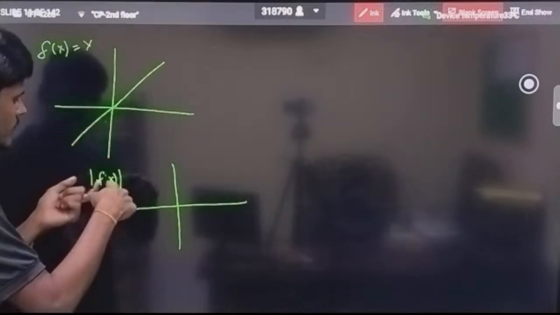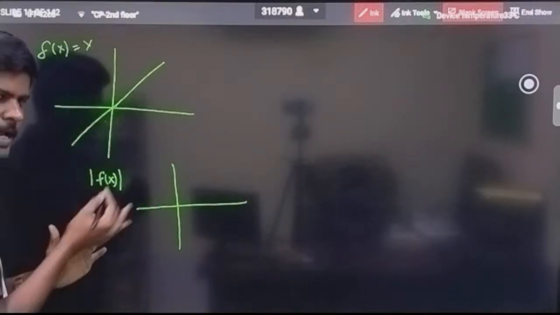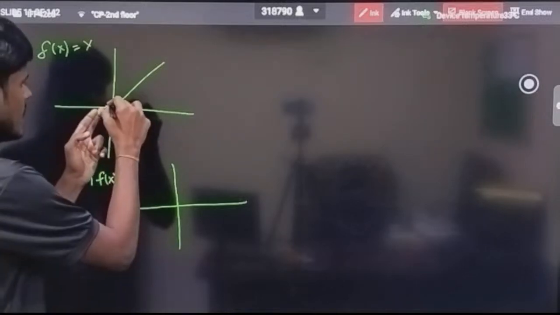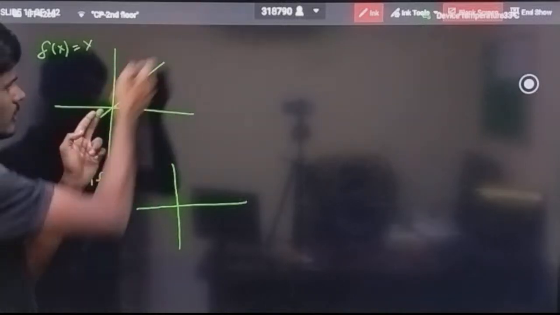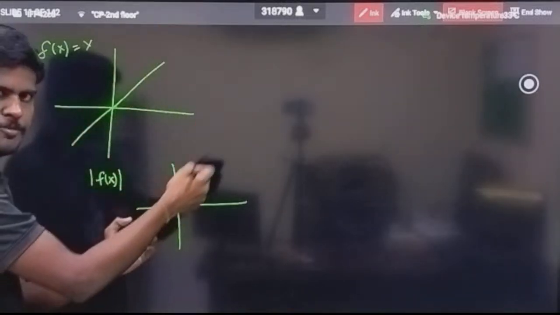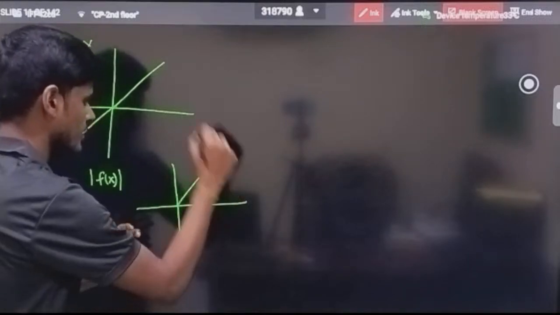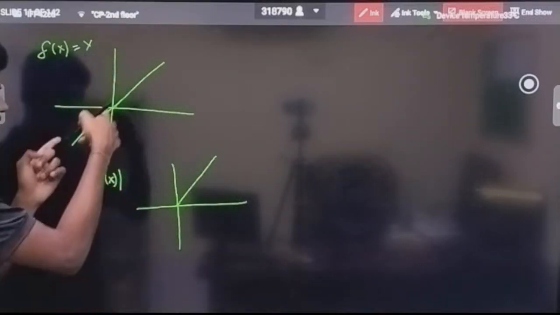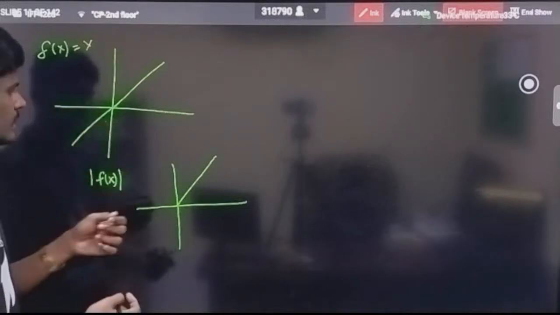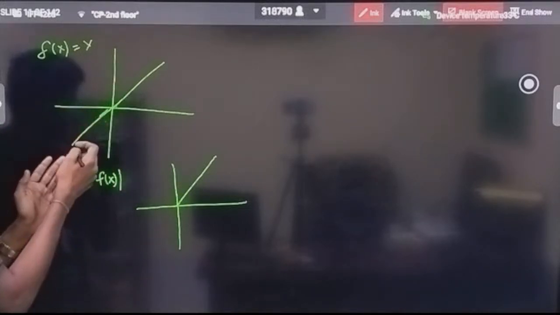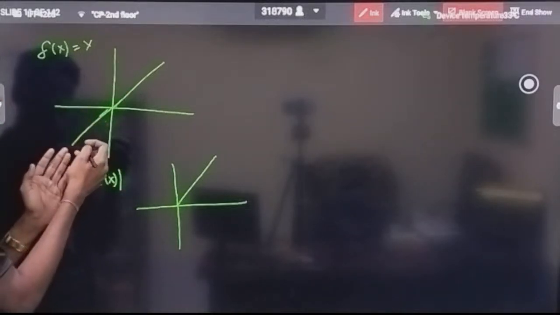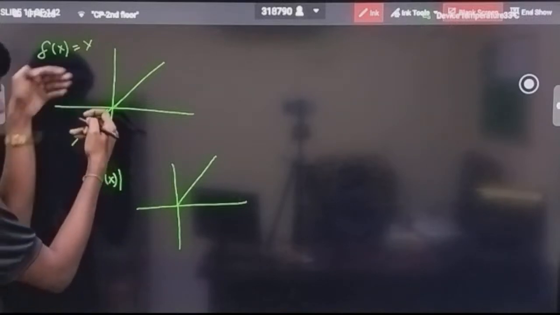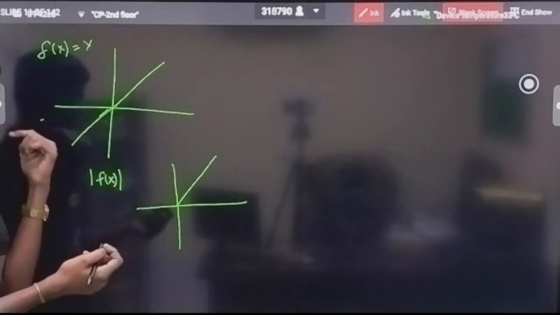When x is positive, f of x is positive, we will have the graph as it is. That means after x equal to 0, this line will represent the same for this graph also, same region. Then for f of x negative, we need to change the sign. That means whatever value of f of x is coming here in this graph, we need to mirror image with respect to the x line.